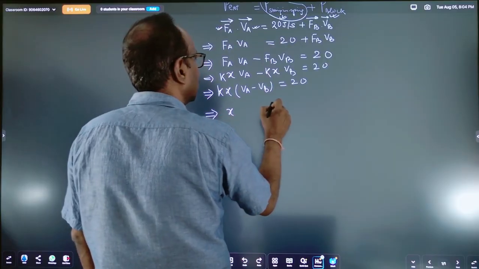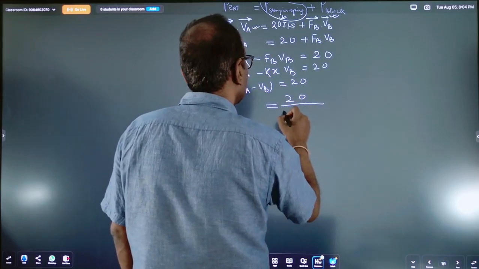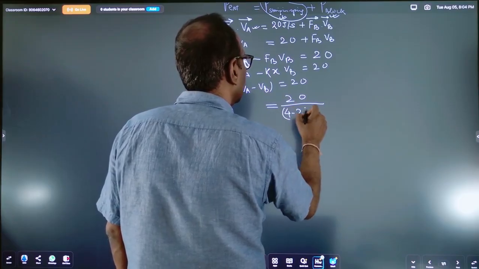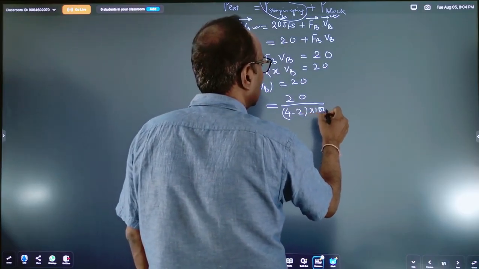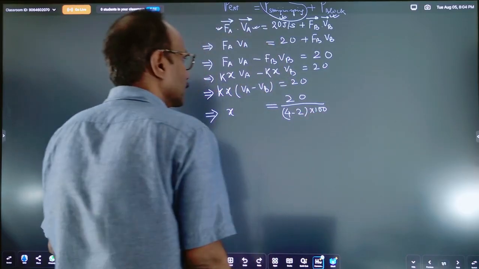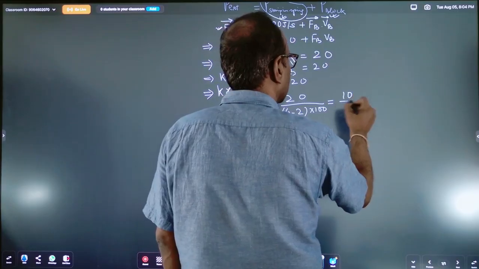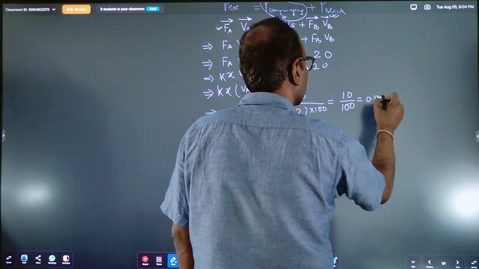So X will be equal to 20 by K times (VA minus VB), where VA is 4, VB is 2, and K is 100 Newton per meter. So this becomes 10 by 100, that is 0.1 meter.